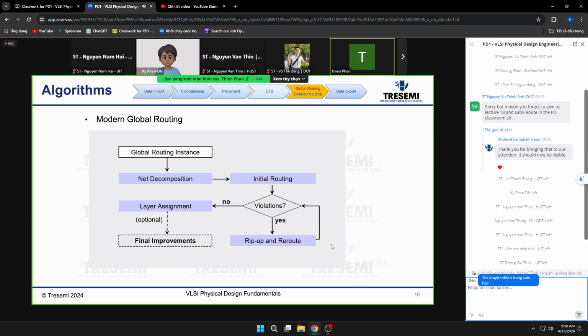And then the settings that you can set: you want to do timing driven routing, you want to do crosstalk aware routing. So many things come in as an input to the router, so the router has to consider all of that.